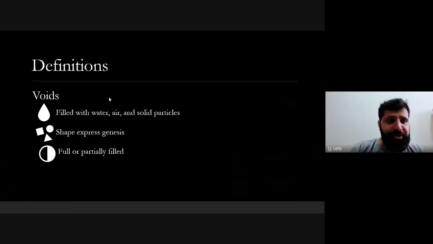Beyond the coarse fraction and the fine fraction, the description of voids is also quite important, because the voids could be filled by water, air, and solid particles. So we can find water, we can find gas, or we can even find some excrements or clays inside those voids, and they tell us a lot, because they could preserve, they could store a lot of material and information that could be very useful to describe the evolution of the soil.